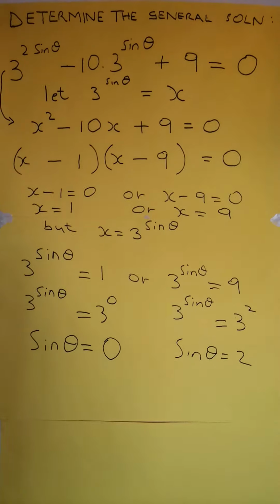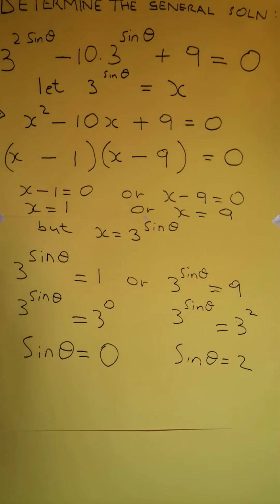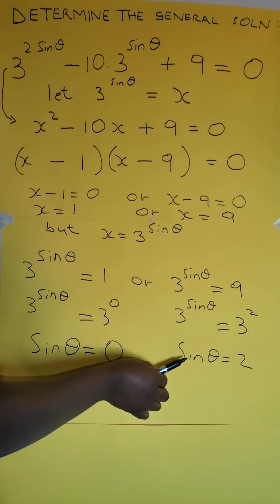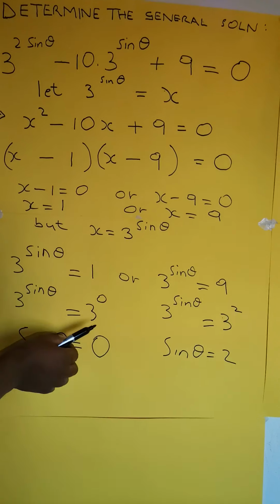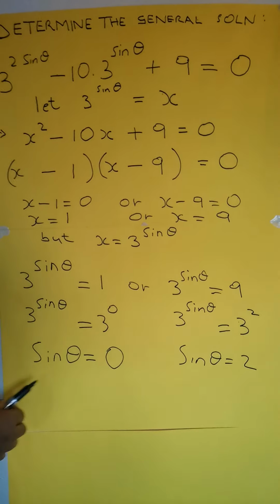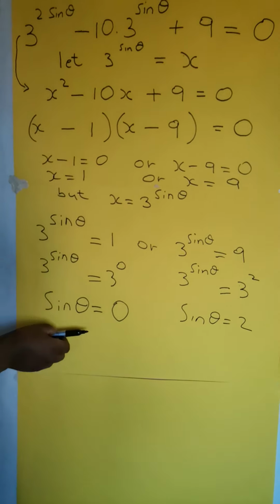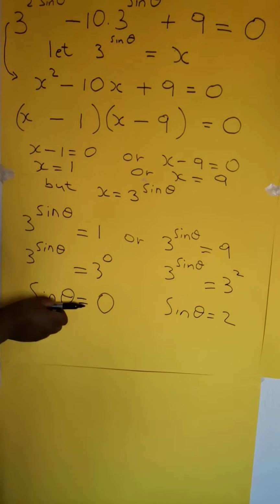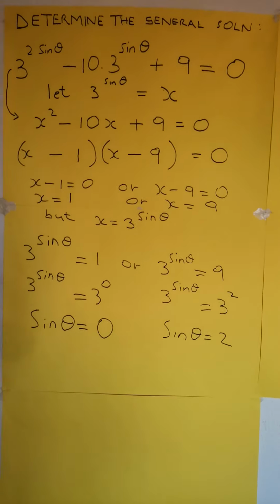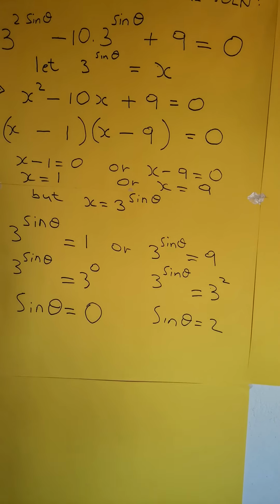So your amplitude is 1 and your trough is negative 1. You cannot have anything more than 1, right? You cannot have a 1.1 when you put a value there at sine theta. So that means we have an error there. That means we're going to proceed with sine theta equals 0, right? And I will explain this more when we are dealing with sine theta equals 0.